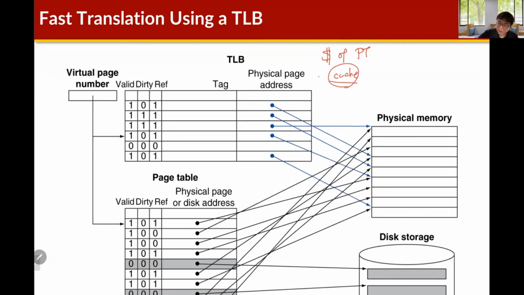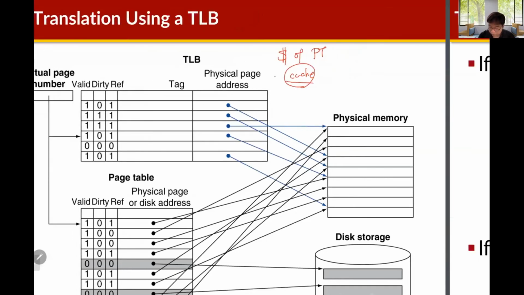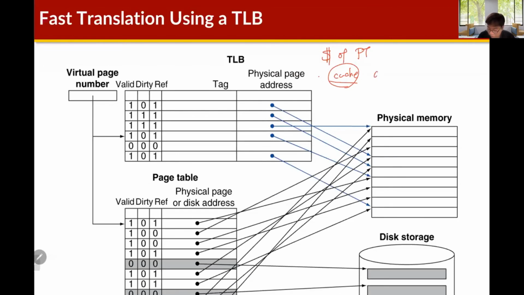We use a cache in order to get the requested data quickly, as requested by load or store instructions. So how can you get data? The address is given to the cache, then we can get data.